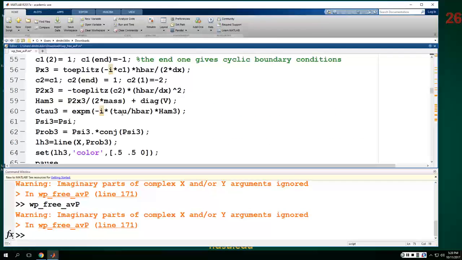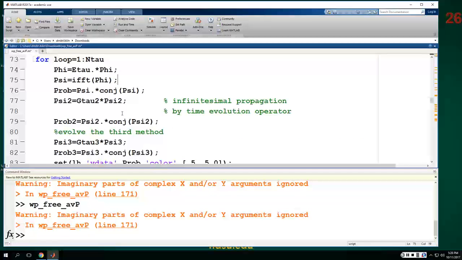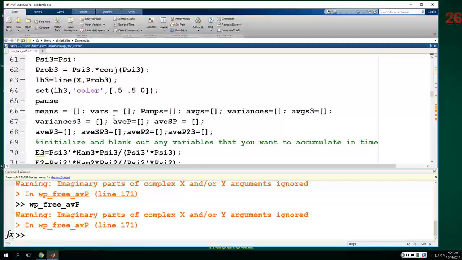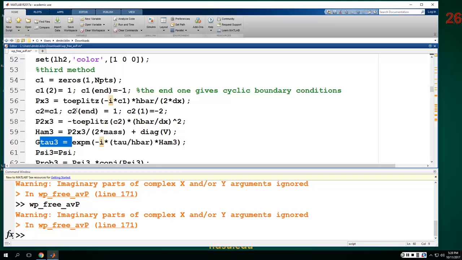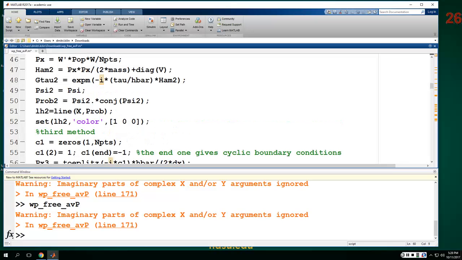So I'm scrolling up and looking for g tau 2. I already see g tau 3, so it should be the third method, and nearby should be g tau 2. Okay, so it is what we were looking for. I guess this is time evolution.